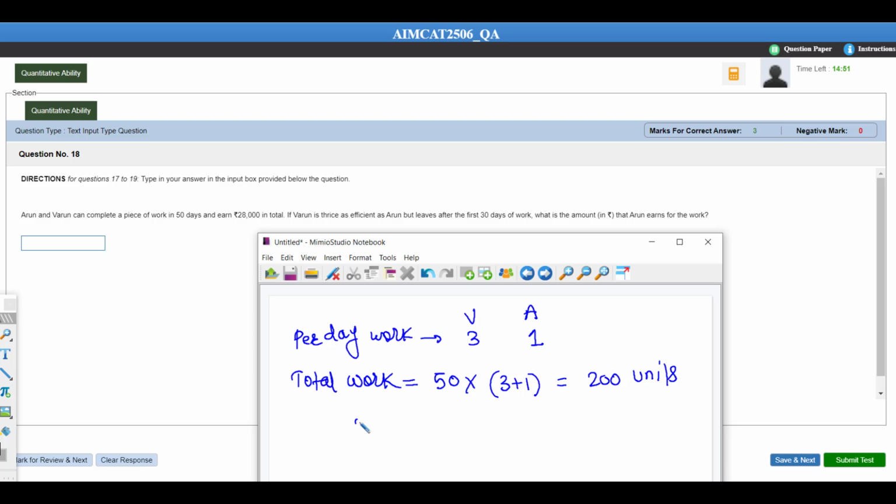So in the first 30 days Arun and Varun both will work together and they will complete 30 into 4, 120 units. So now remaining 80 units, everyone. Varun left, so the remaining 80 units Arun will do. Arun can do only 1 unit every day, so Arun needs to work for 80 days, everyone.